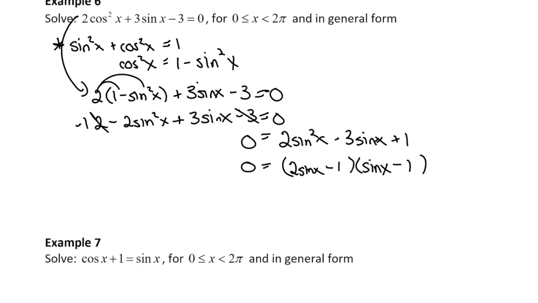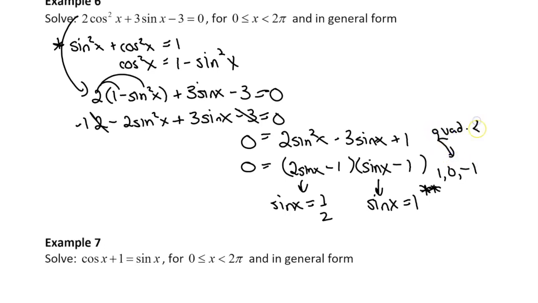So we get sine x equals 1 and sine x equals 1/2. Whenever sine is equal to 1, 0, or -1, we have an example of a quadrantal angle. That's true for sine and for cosine.